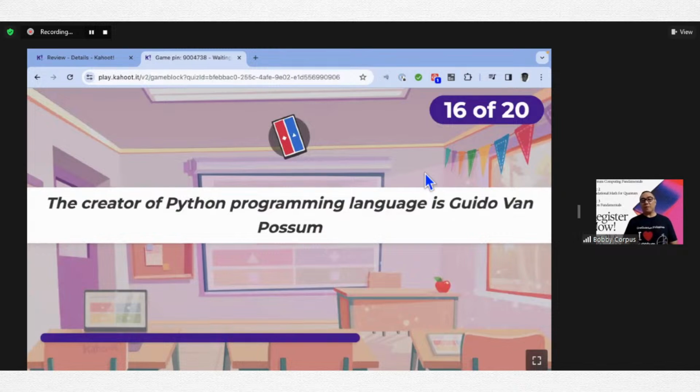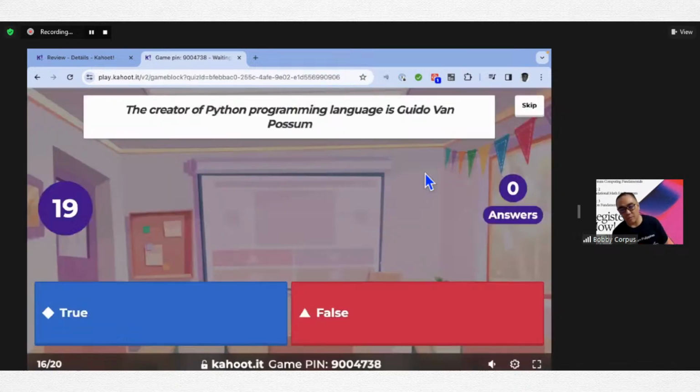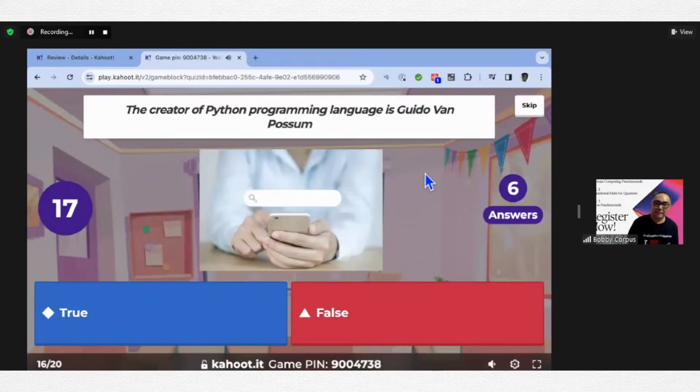Creator of Python programming is Guido van Possum. Yata lahat ah.